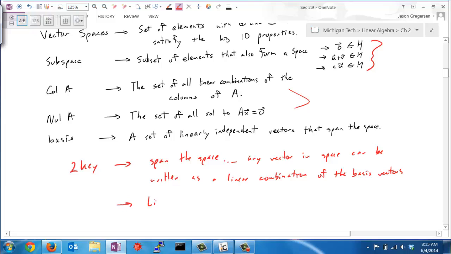But the vectors are also linearly independent. That tells us that when you find the directions to get to that vector, they are the only directions. There is only one linear combination that can get you to that vector. There is no redundancy in our vectors. None of the vectors in our set, in our basis, are a linear combination of the other ones.